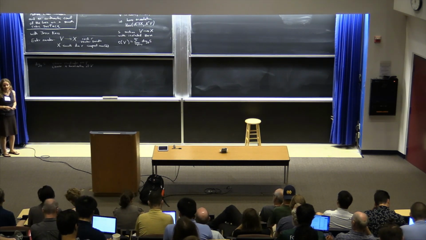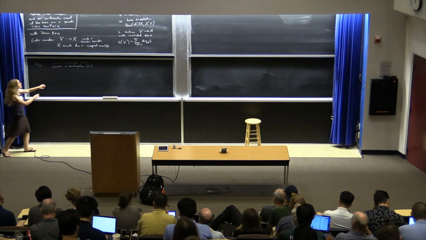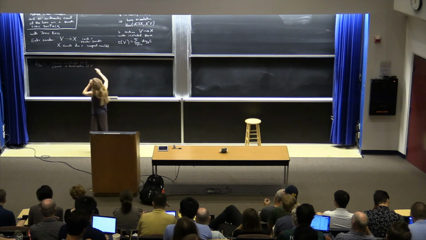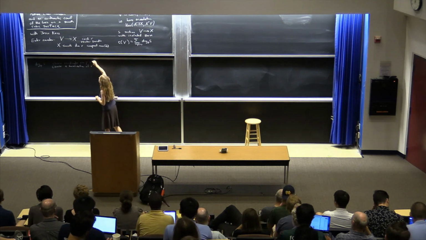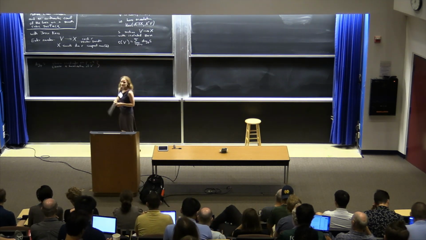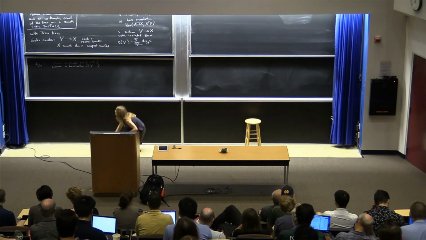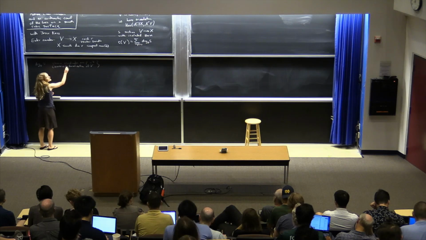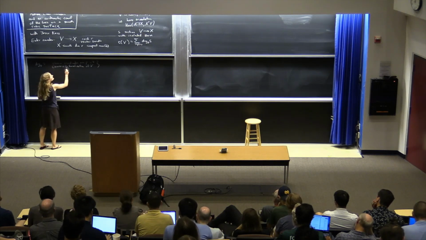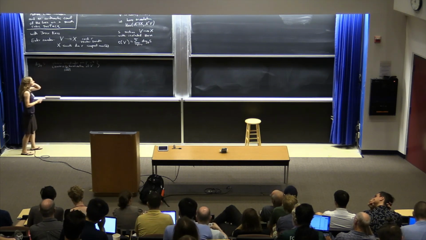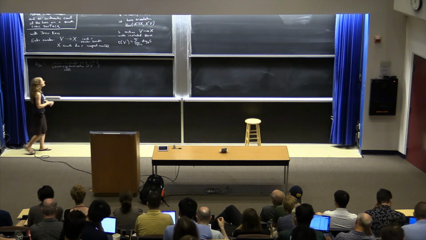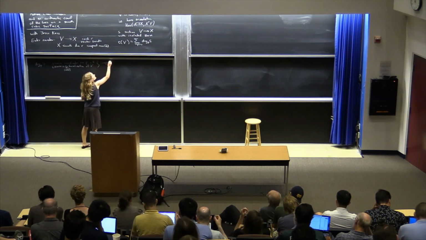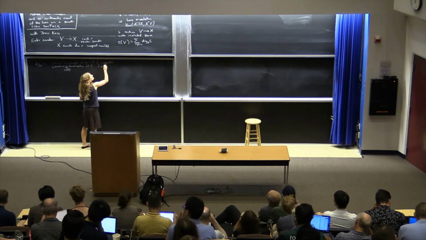So if we have coordinates near P on X, where P is a point on X, and V is a bundle, so we can choose a local trivialization, we want these to be compatible with the orientation.